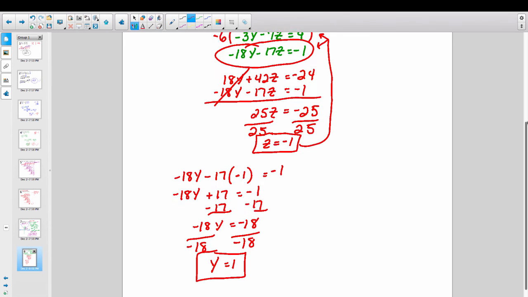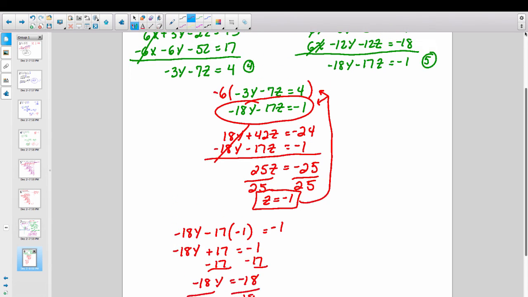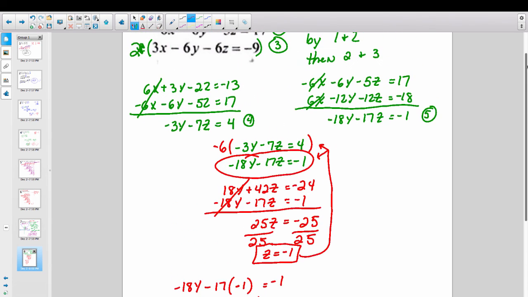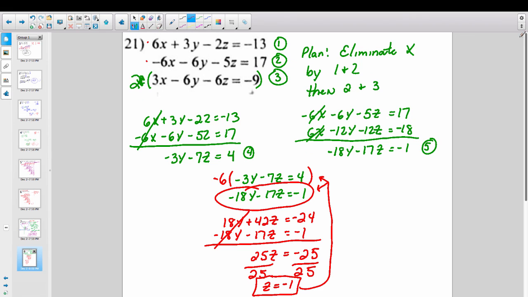What you do now, the very last step, is go back to an original equation, 1, 2, or 3, whichever one you want. And you're going to plug in z is negative 1 and y is 1. That will let you very quickly solve for x. So let's just take the top one. Again, just random. I picked the top one. Let's solve for x.